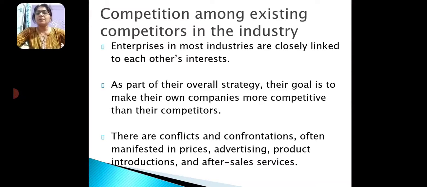Some industries may be oligopoly industries, like when we talk about telecom. In telecom, we have few service providers and a large number of buyers, isn't it? So it's an oligopoly industry. When we talk about Indian Railways, it's a monopoly. There's no substitute or competitor for them, isn't it?